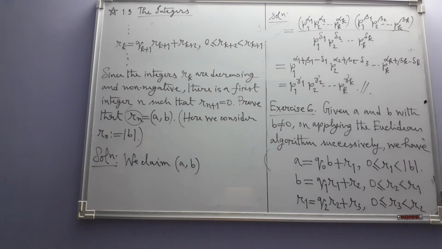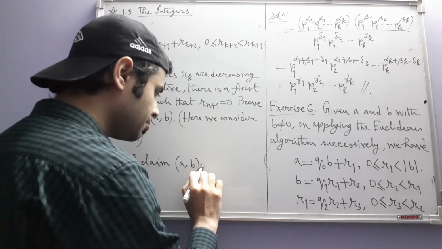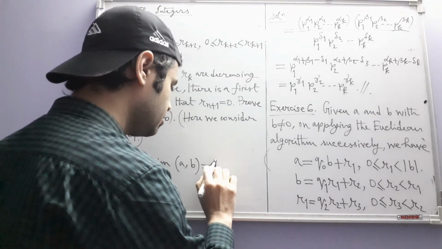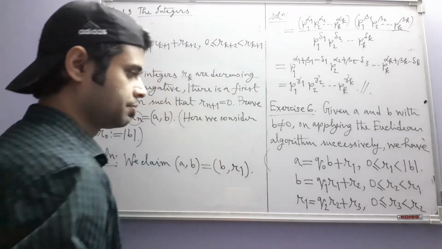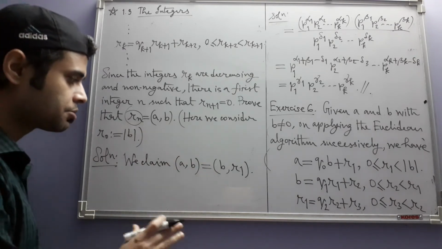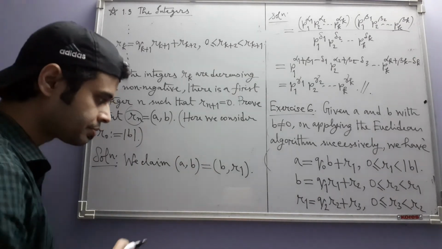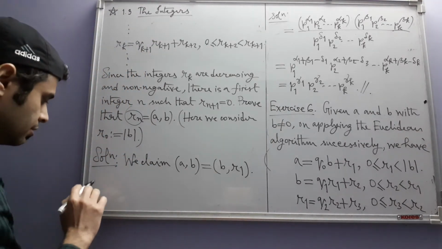At least one of them has to be non-zero. Now we claim that the GCD of A and B is the same as the GCD of B and R1. Okay, this is my claim. First I want to prove this. For this, what do I need to show? Okay, let us go through this.